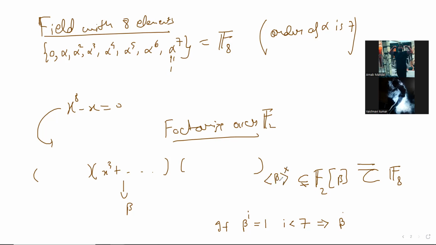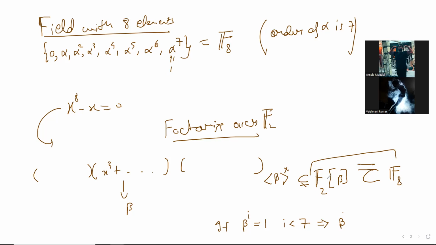That's clear. That's obvious because that's the field generated. So see, if there is any beta which works, it has to be this kind of beta. A beta of some lower degree polynomial is not going to work because it will fail at this level itself.